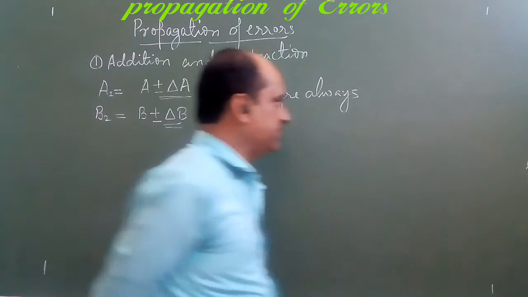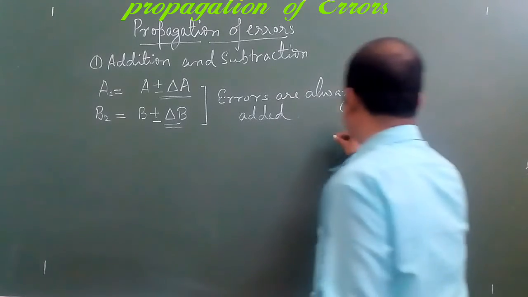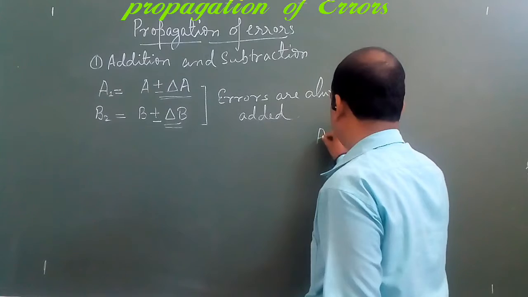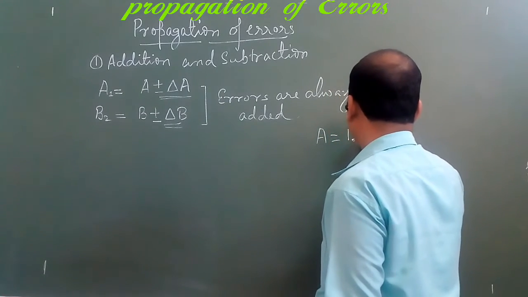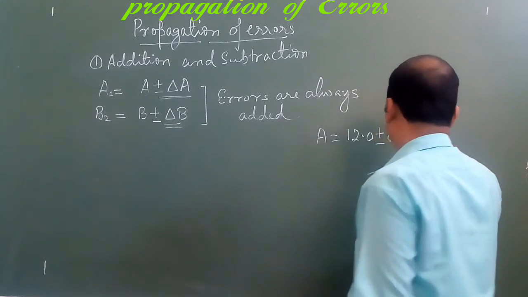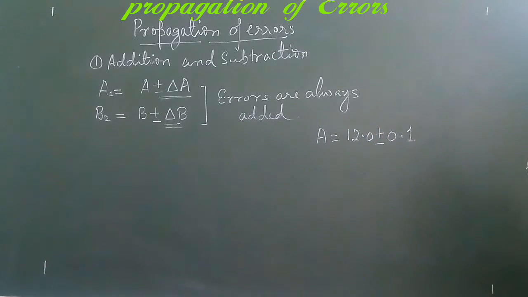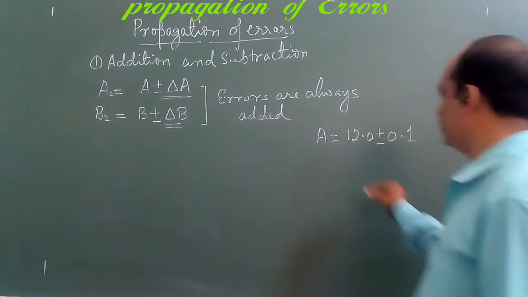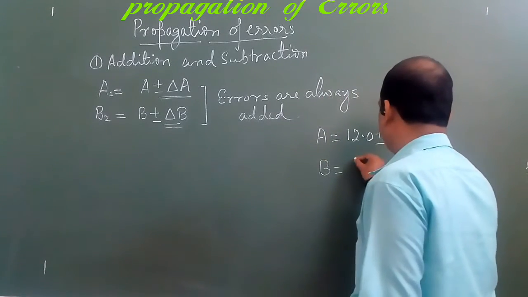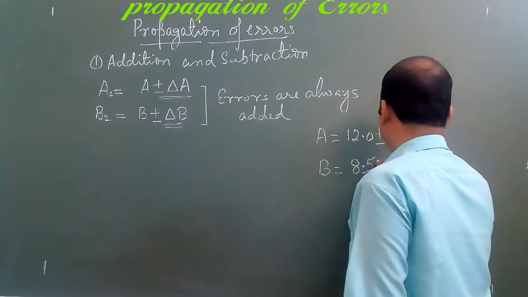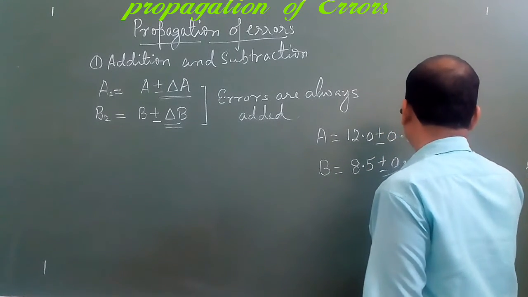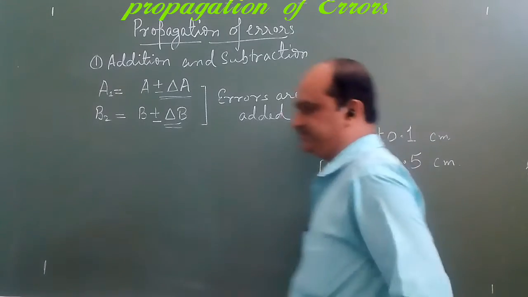Now we can take an example. Suppose we have a physical quantity A, which is 12.0 plus minus 0.1, and another physical quantity B, which is 8.5 plus minus 0.5. Both are in centimeters.